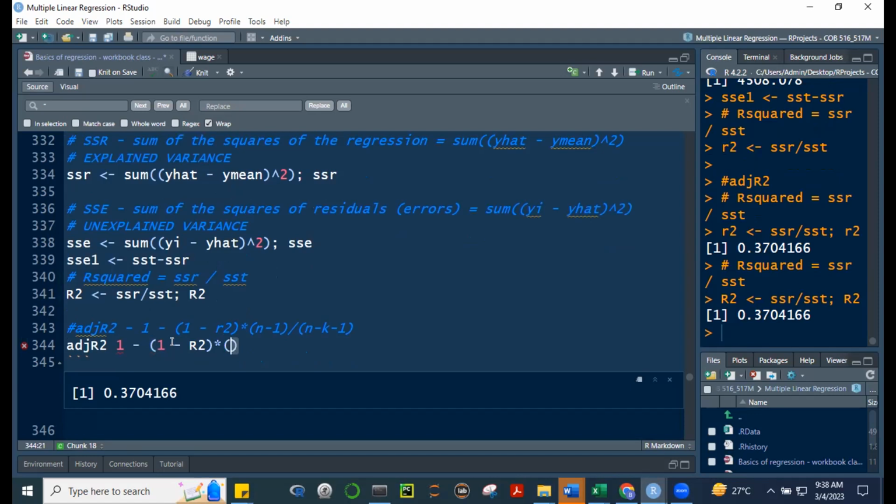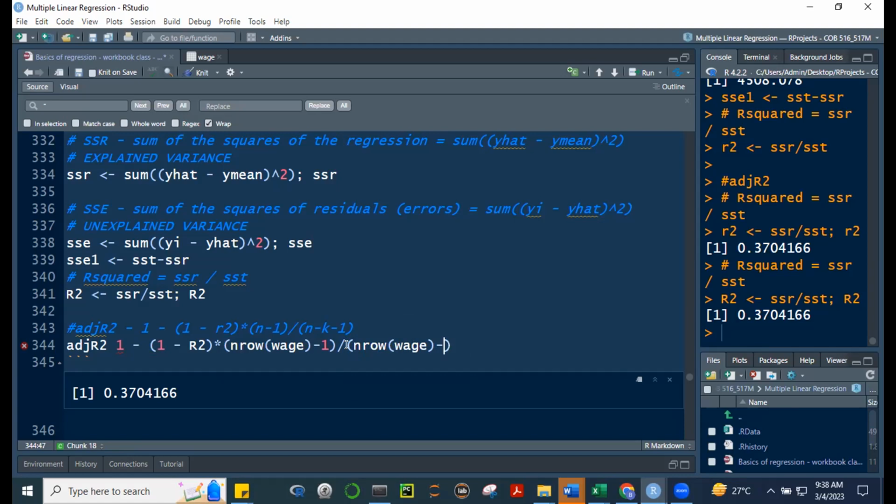N is our number of observations, right? N row of wage minus 1. Okay. Divided by N row of the wage, that's N minus K. What's K? This is the number of predictors. We should only get 7, right?